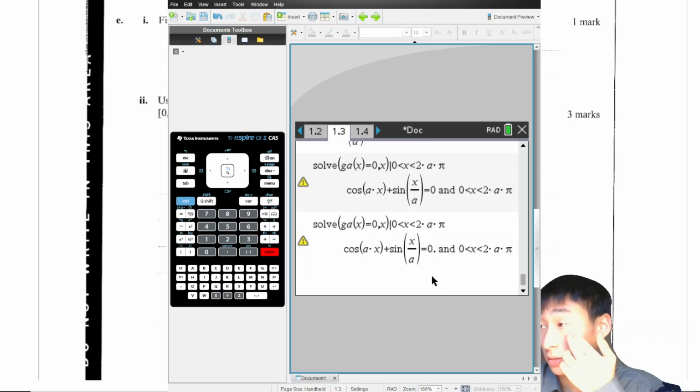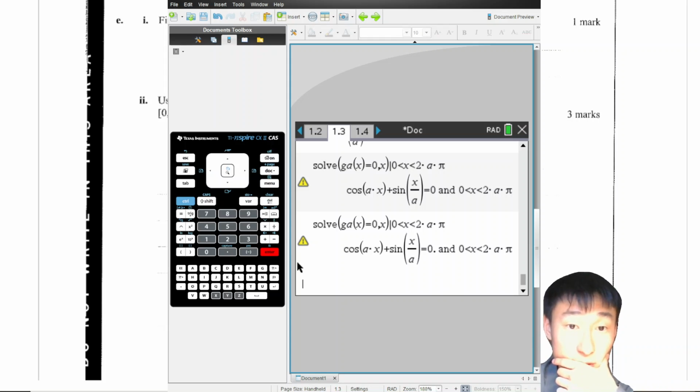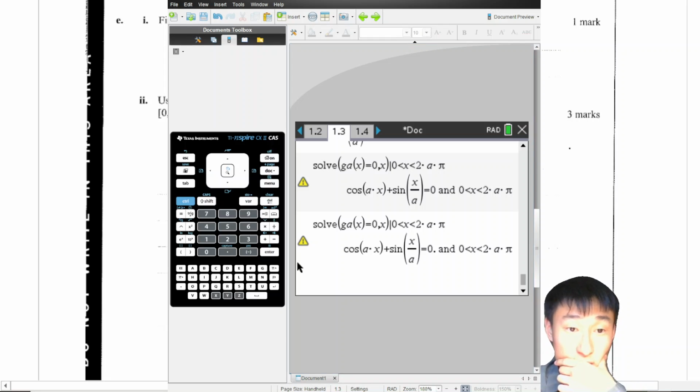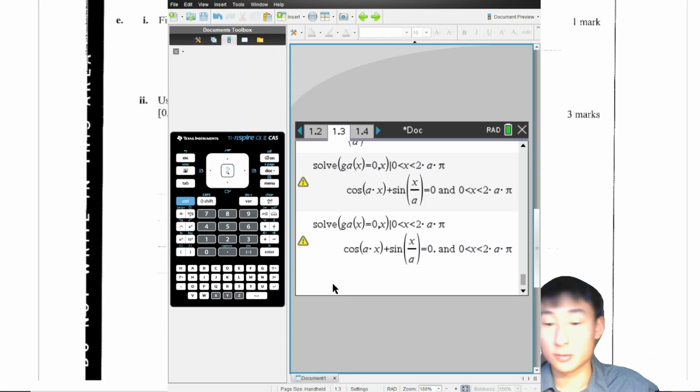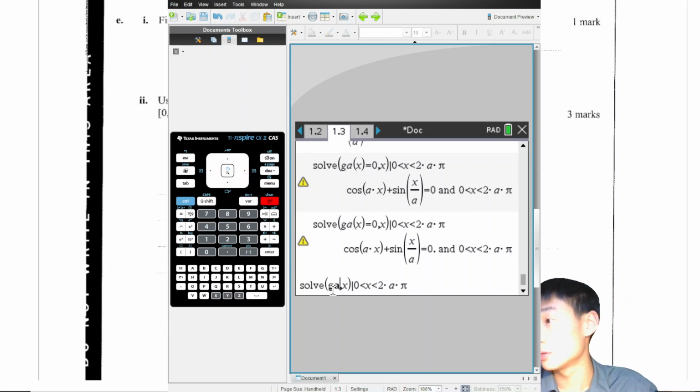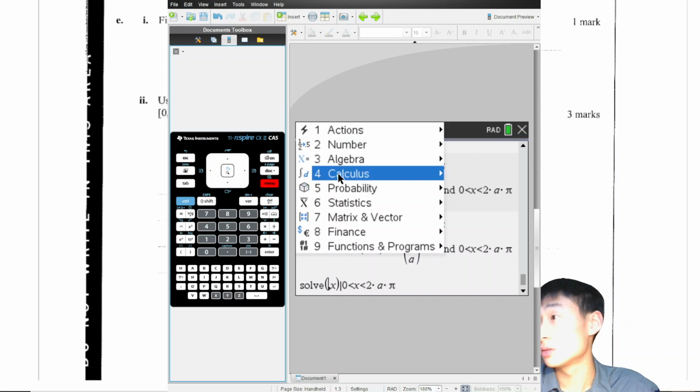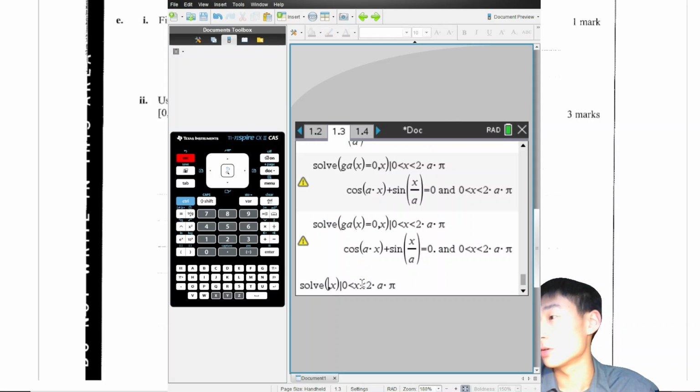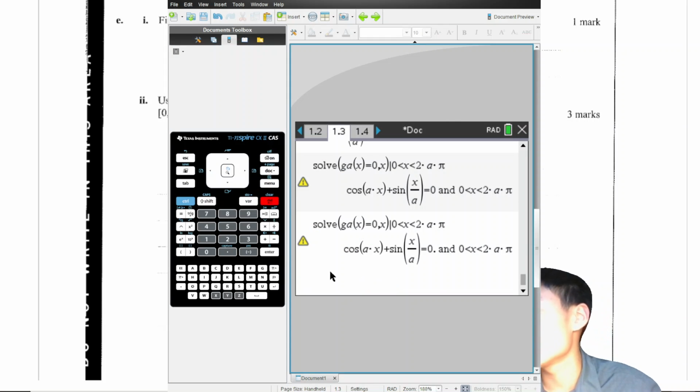What's wrong here? It's too complicated to be solved, is that it? Oh no, I mean, we're not even solving that correctly. We're solving the integral. No, we don't. What am I doing? Solve Ga of x.